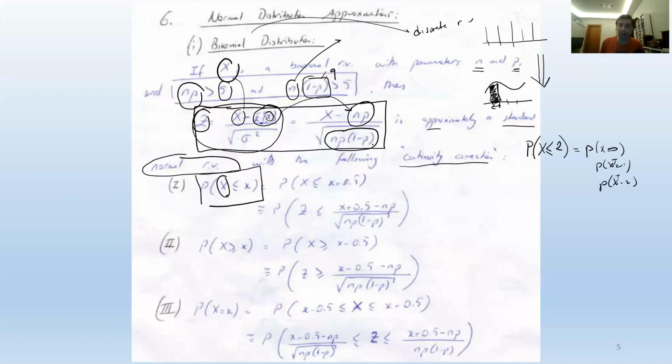Now, when we change this x to the normal distribution, we have to do this continuity correction to take this point into consideration. What do I mean by that? When we change x to a Gaussian distribution, the probability of x less than 2 will be equal to the probability of x less than or equal to 2. That's because in a Gaussian distribution, just like in any continuous distribution, a certain point has zero probability.